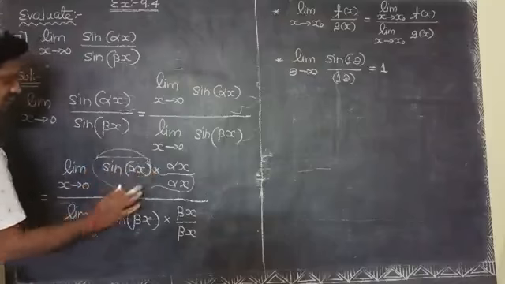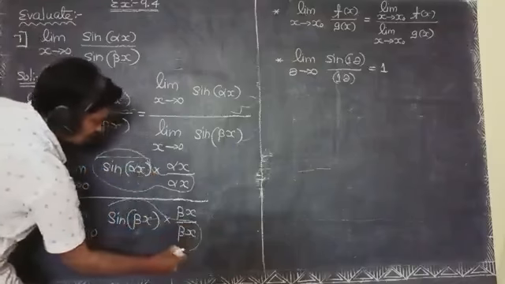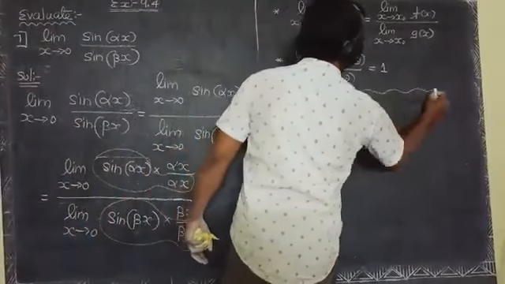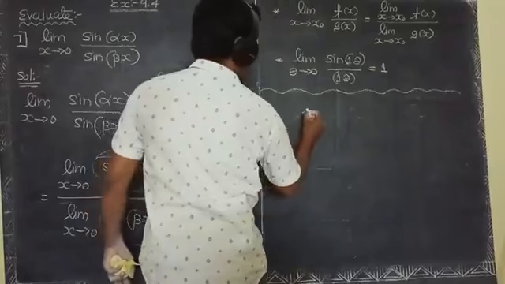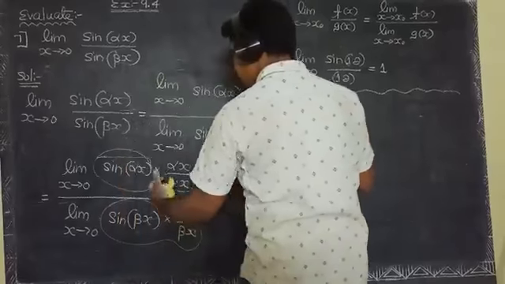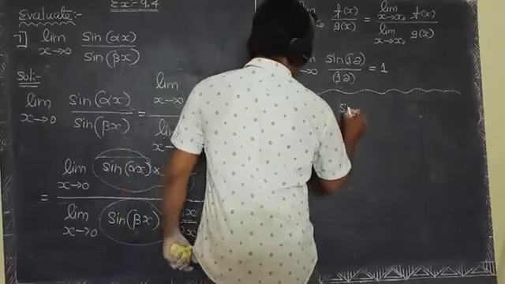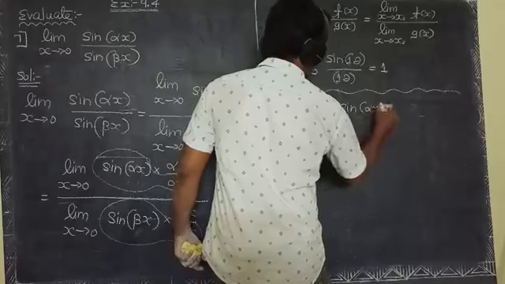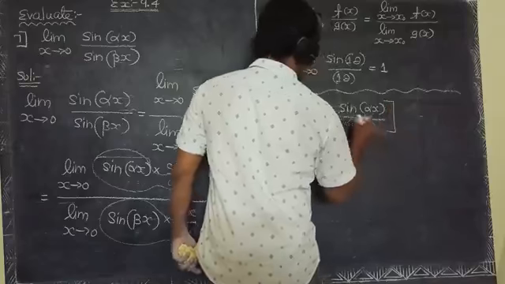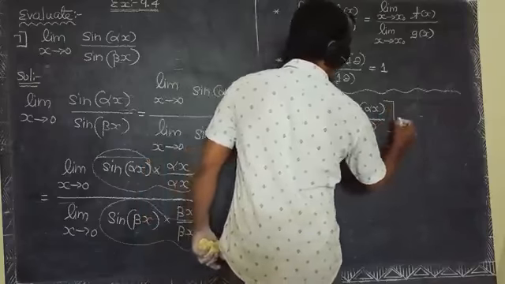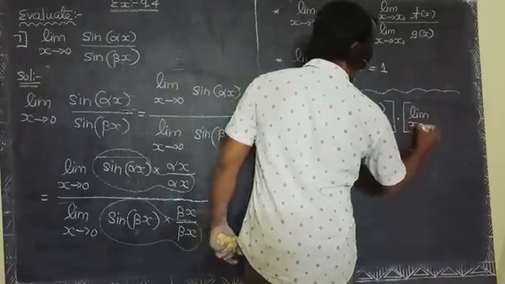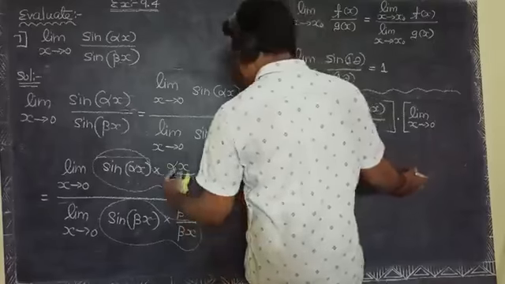Then the numerator forms one grouping and the denominator another grouping, so the structure is limit x approaches 0 of sine of alpha x divided by alpha x, which is one function, into another function, limit x approaches 0 of alpha x.